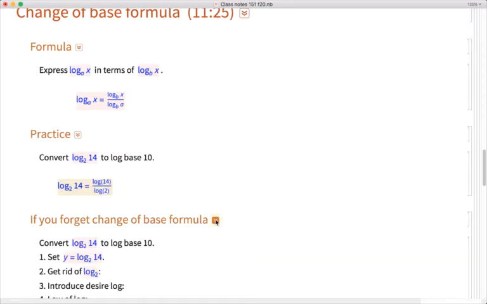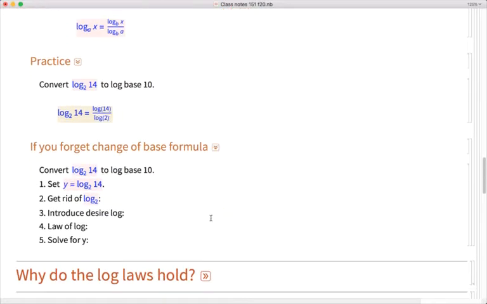All right, so maybe this could wait for the tutorial, but I guess I'll go ahead and do it now. So if you want to convert log base 2 of 14 to log base 10, what we just did, but you're blanking on the formula, here's a possible way that you might be able to do this problem. You're going to work with this equation.